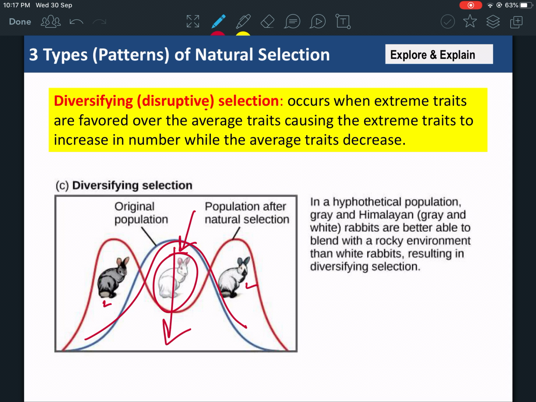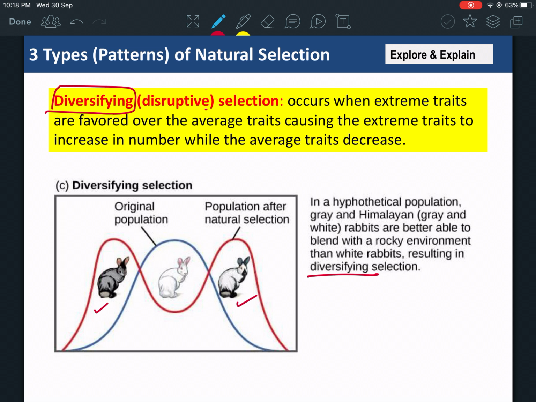Then there were fewer white rabbits, and the extremes here and here have become more. So you have more black or gray, and more gray and white, resulting in diversifying. That means the selection is becoming more diversified, more diverse. It was more of this, now it's more of two, so it's becoming more diverse.